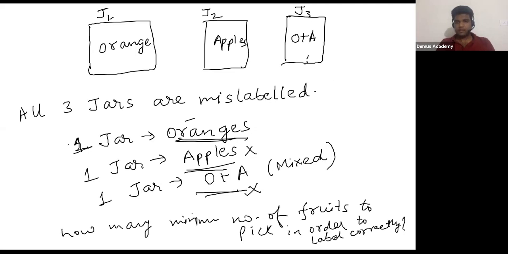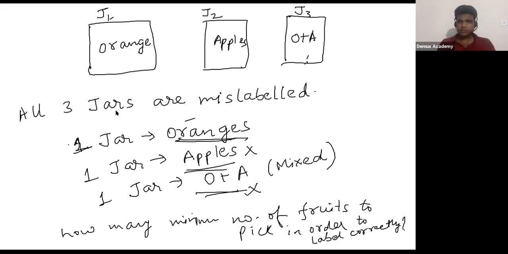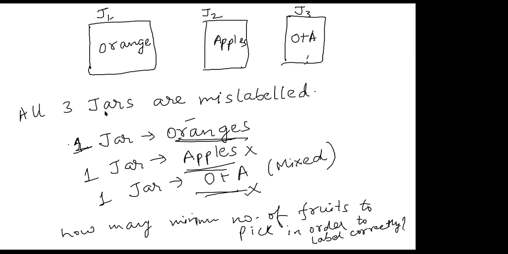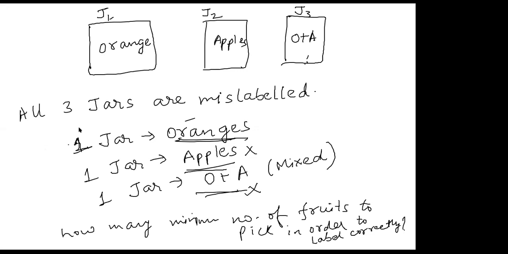The crucial thing is that all the jars are mislabeled. Yeah, can someone unmute and tell me why it's 1? One. Yeah, how? So basically we pick one from the oranges and apples jar, the third jar. And suppose it comes out to be apples.